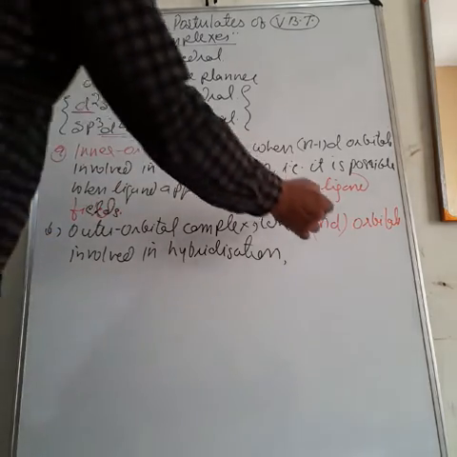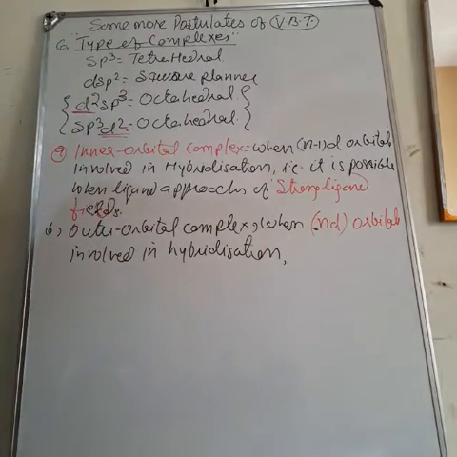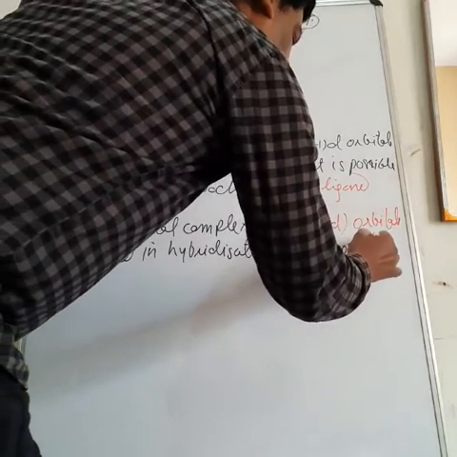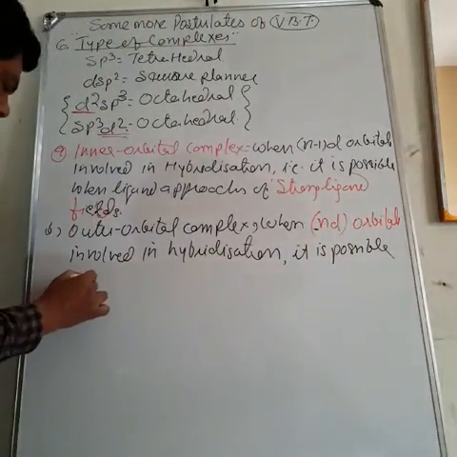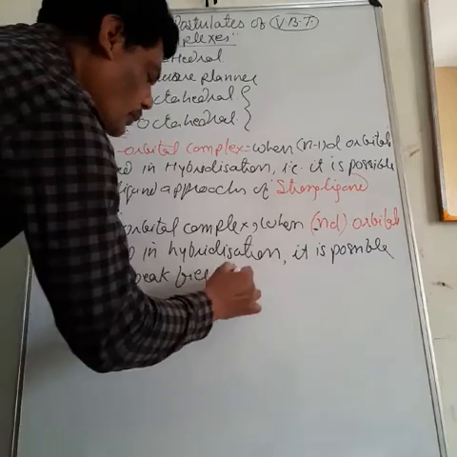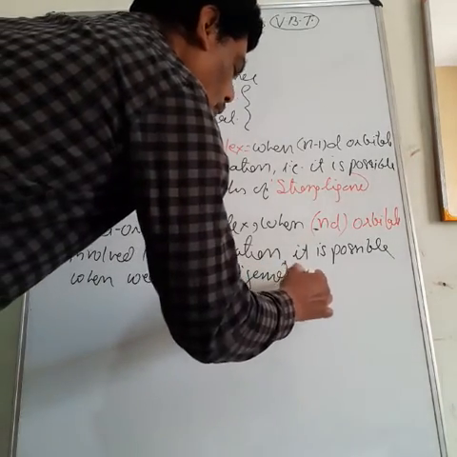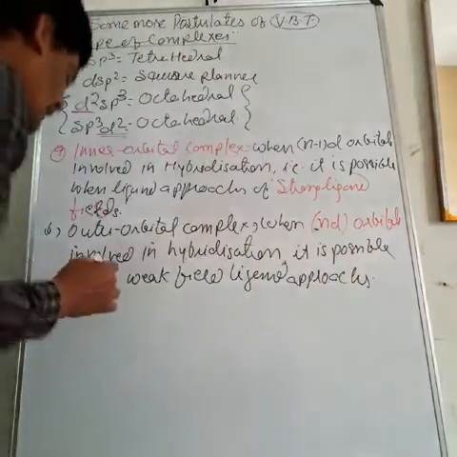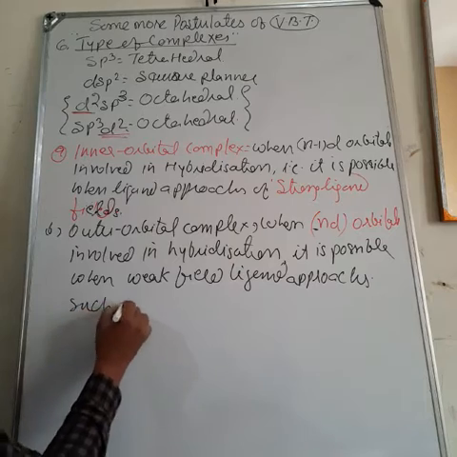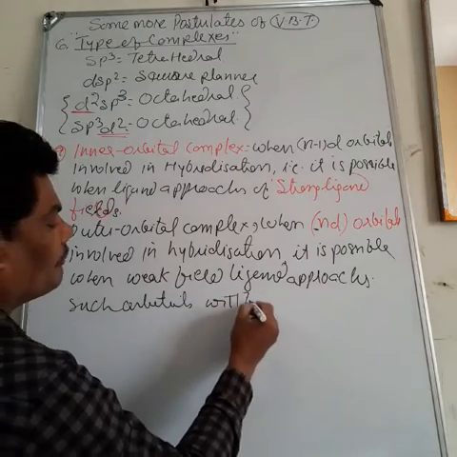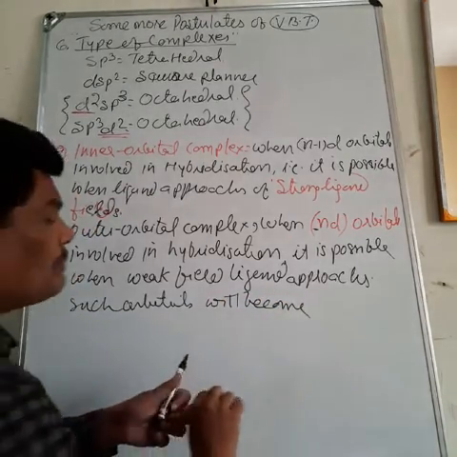So students, if the outer orbital is participating, it shows that the ligand approach is of weak field. It is possible when weak field ligands approach. Such complexes will become paramagnetic in nature.